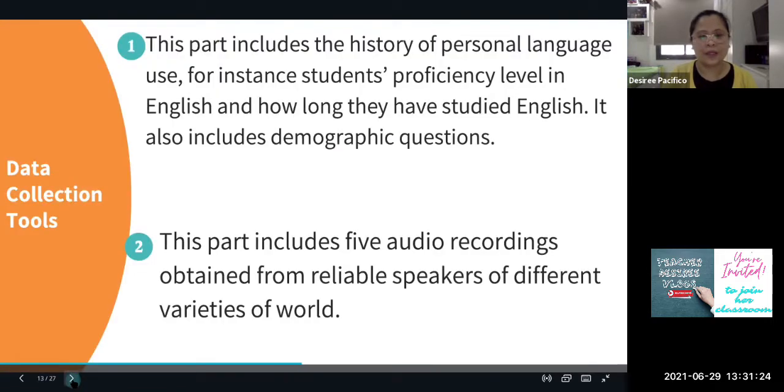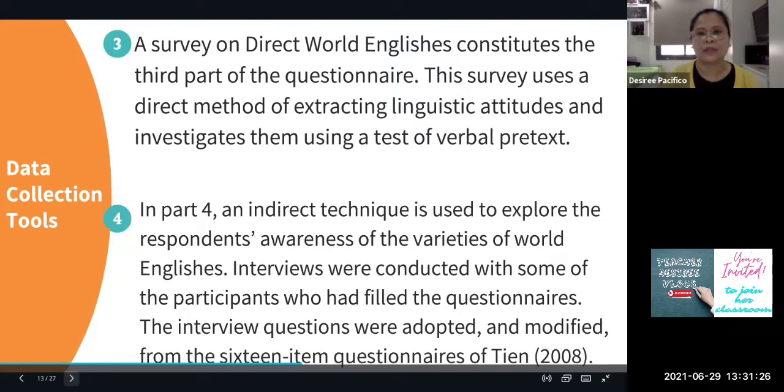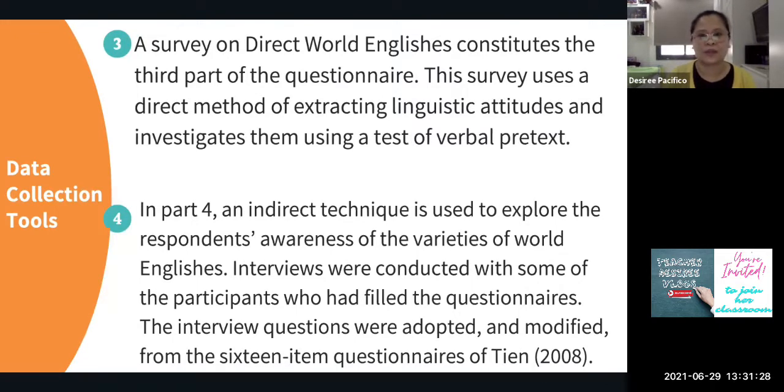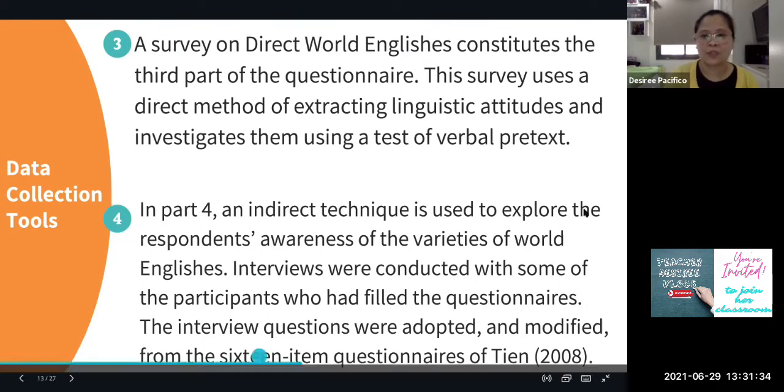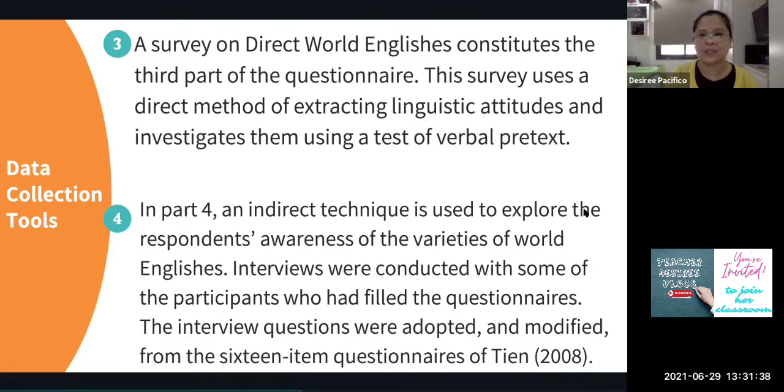The third is a survey on direct world Englishes, which constitutes the third part of the questionnaire. This survey uses a direct method of extracting linguistic attitudes and investigates them using a test of verbal pretext. In part 4, an indirect technique is used to explore the respondents' awareness of the varieties of world Englishes.